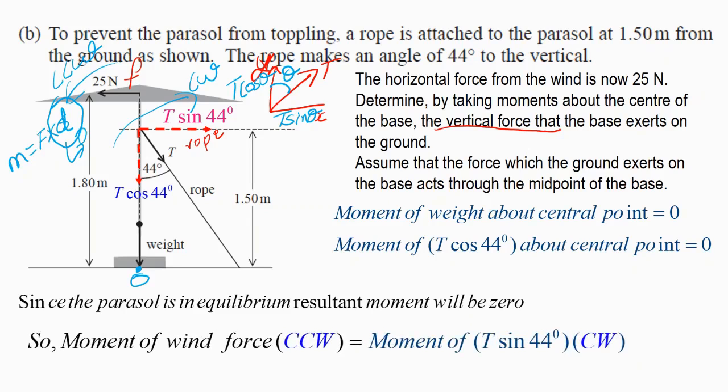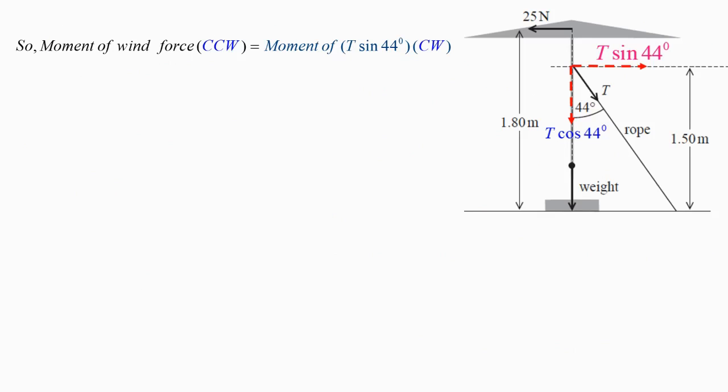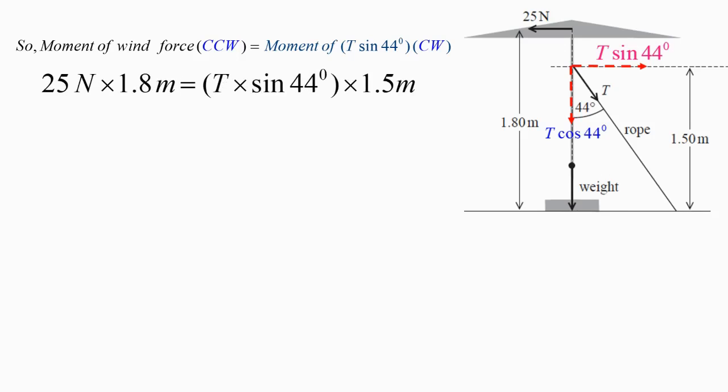So if we consider the equilibrium conditions, the moment of the wind force acting in counterclockwise direction should be equal to the moment of T sin 44 acting in clockwise direction. Considering the free body diagram, we equate the moment due to the wind force and the moment due to the horizontal component of the tension.